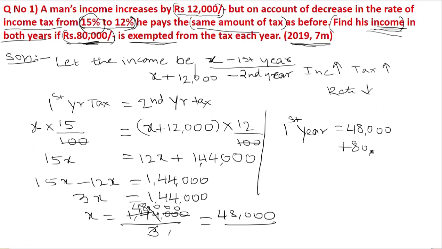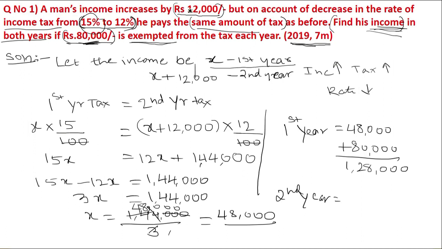So first year income is how much? 48,000 plus 80,000. It will be 1,28,000. Correct? Second year, what they are telling? Second year income. How will you find out second year income? Very simple. In the first line itself, it is given the man's income increases by 12,000.